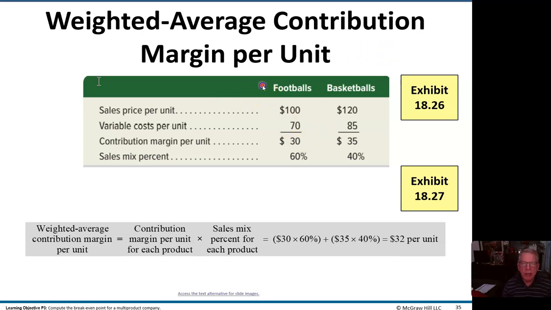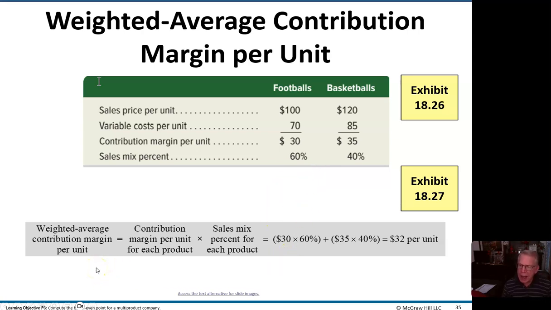This company's making footballs and basketballs, and the selling price, the expensive football, $100. The basketball, even more expensive, is $120. Variable costs and contribution margin, and sales mix percent, we sell 60% footballs and 40% basketballs.